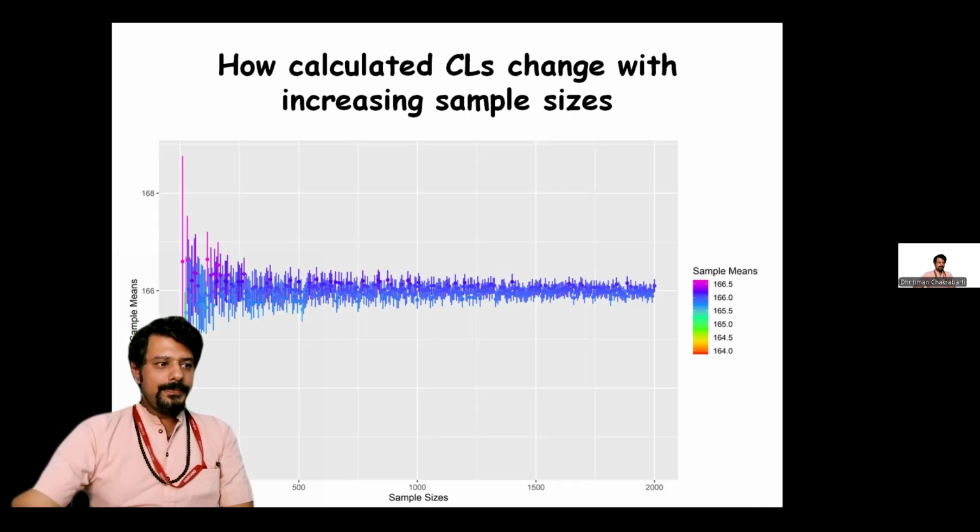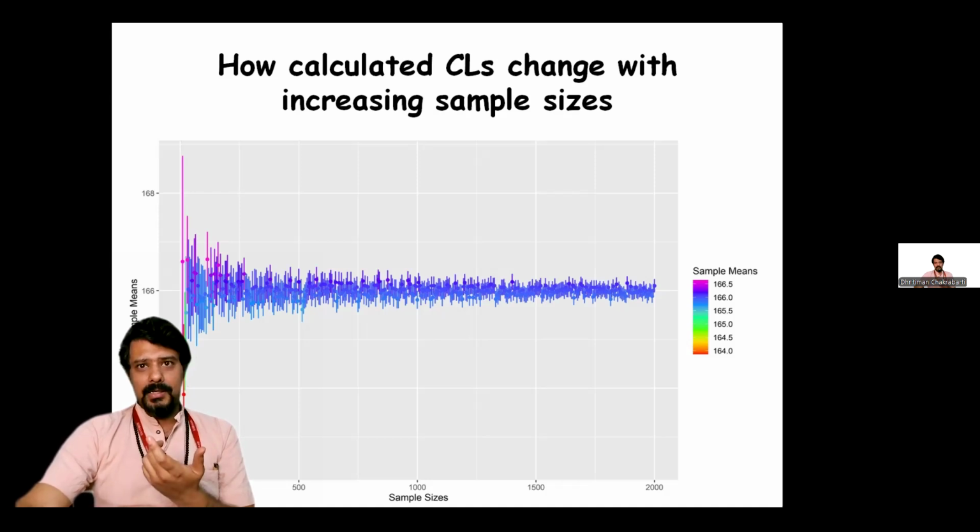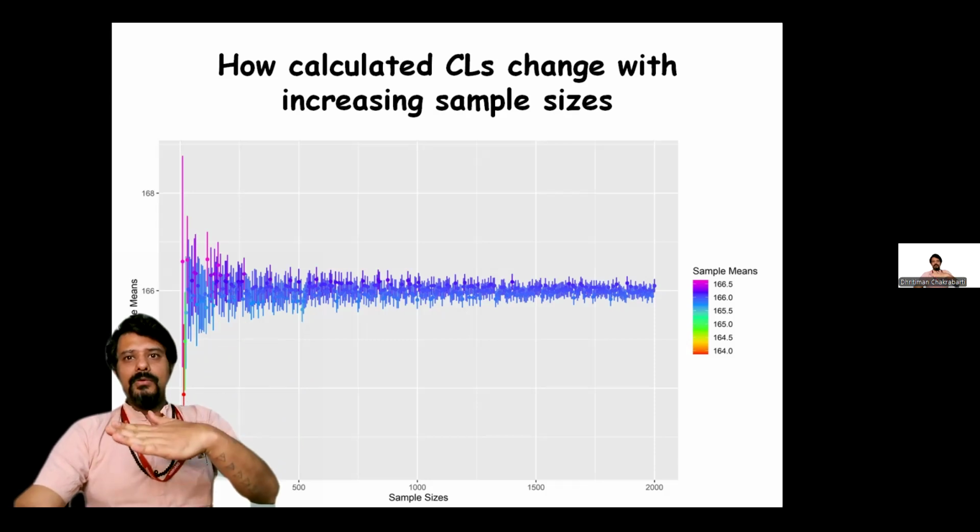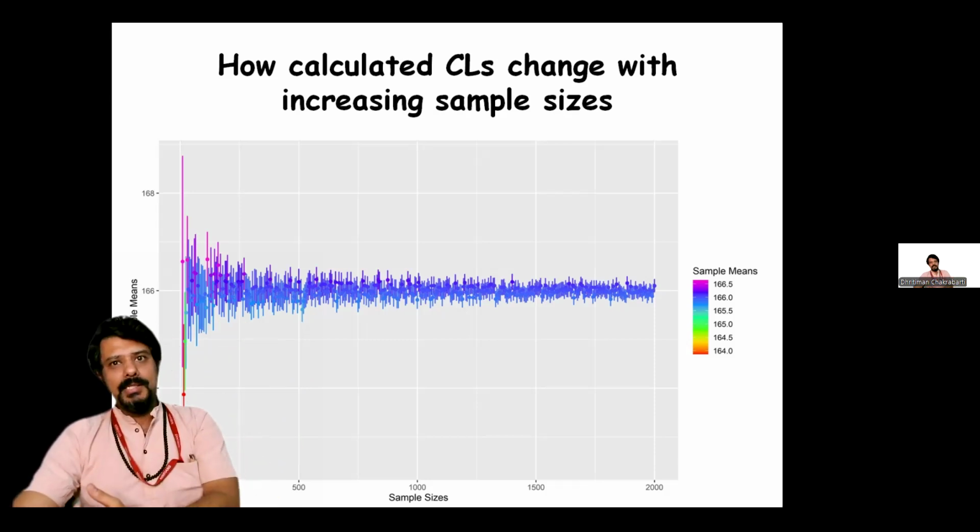Now that I have drawn that, you can see how as your sample size is increasing along the x-axis, the width of your confidence limit keeps on reducing, because that's how the standard error is calculated, right? Standard error is inversely proportional to the square root of your sample size. And because of that, it is going to go down very rapidly as your sample size increases.